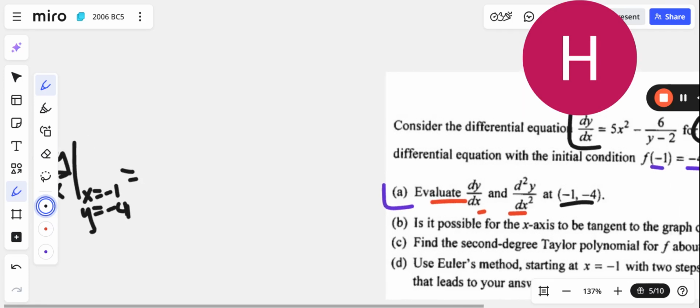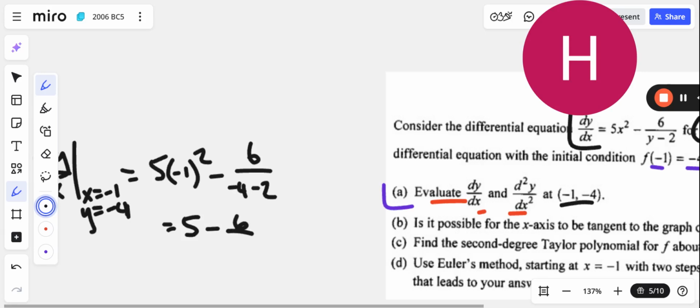We're basically just going to plug in -1 for x and -4 for y.